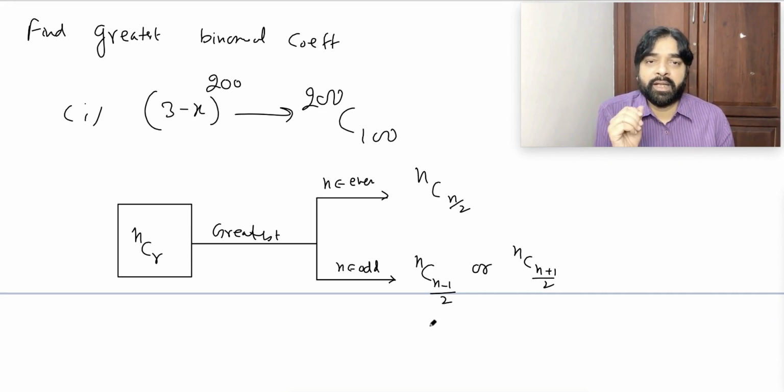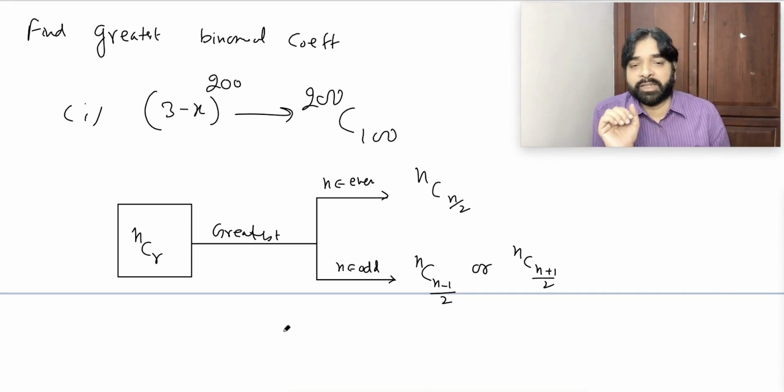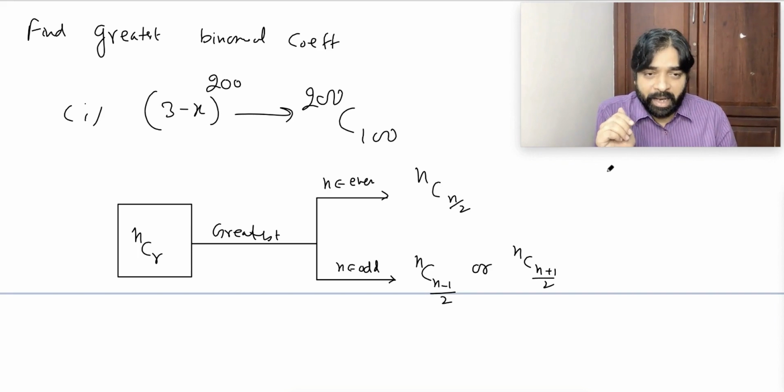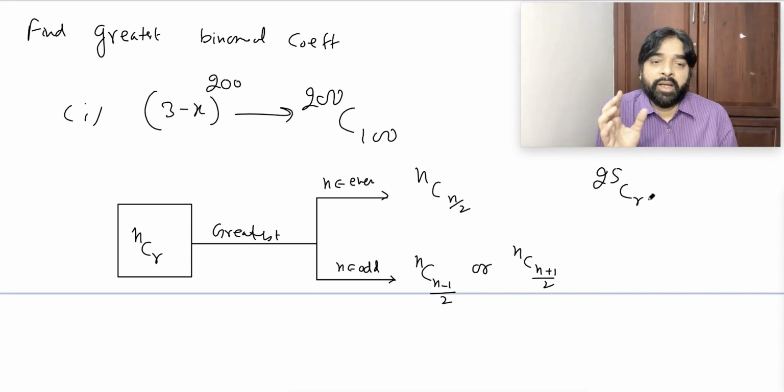Did you understand all these points? Questions can be asked in different ways. They may ask you directly: if r is variable, for what value of r will this value reach the maximum?